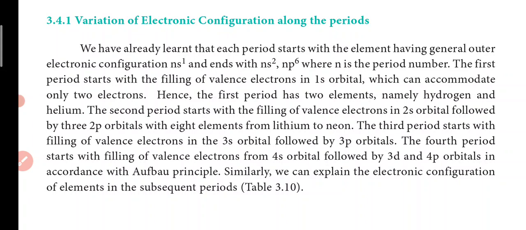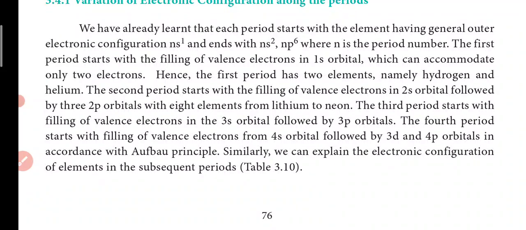So in the first period you can have only 2 elements, namely hydrogen and helium. Hydrogen has one electron, helium has two electrons. That is why they are kept in the first period.